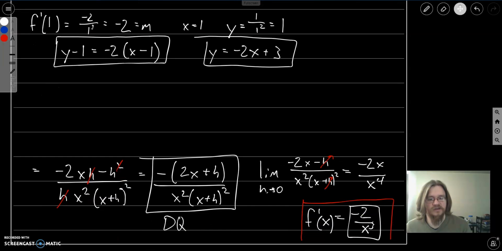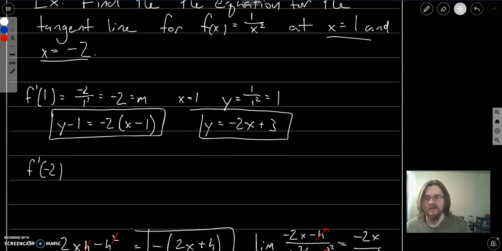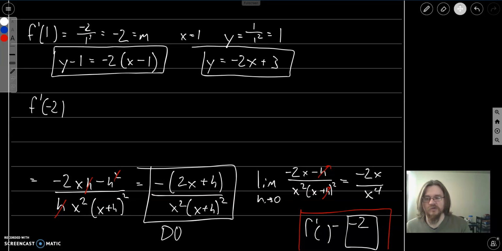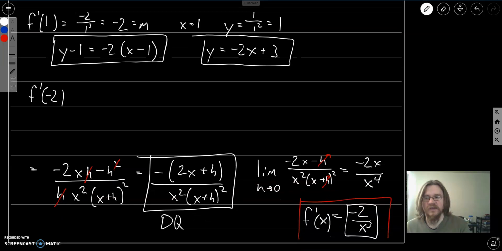Again, we have our equation for the slope of the line, and we want to find the slope at -2. If I plug in -2 into here, I will get -2 divided by -2 cubed. -2 cubed is -8, so -2 divided by -8 should be 1/4.